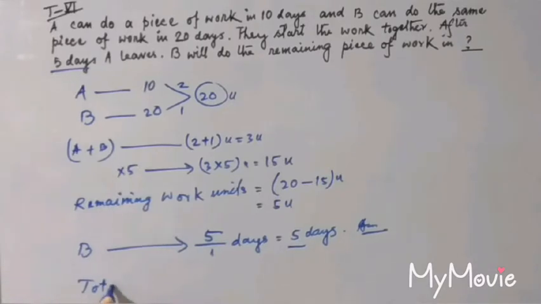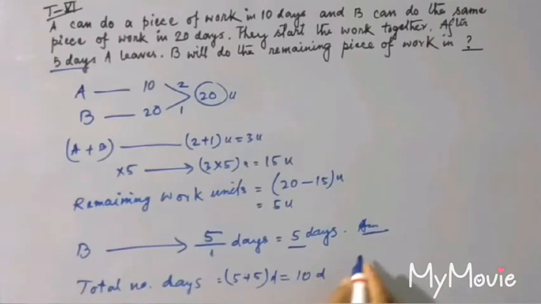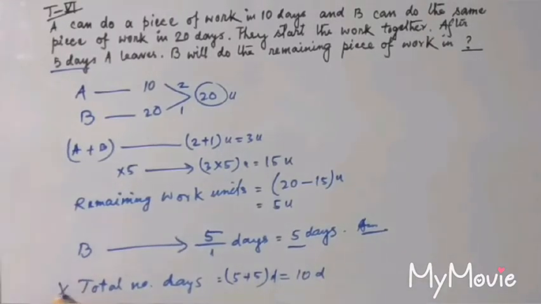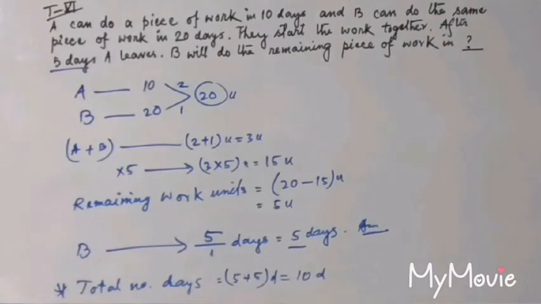Therefore the total number of days is equal to 5 plus 5, 10 days. That's the solution.